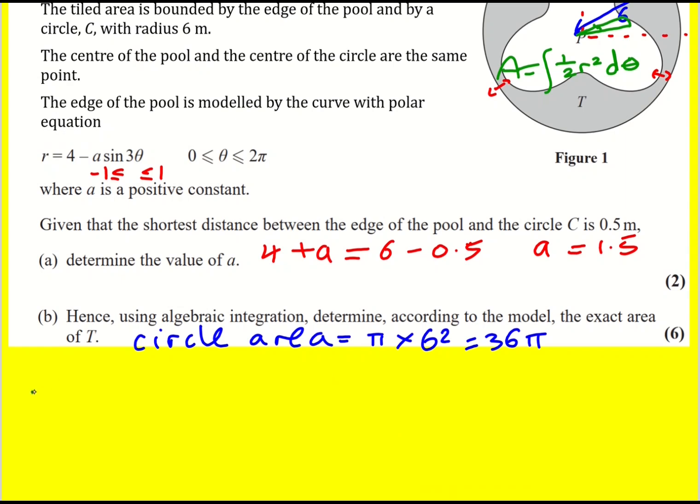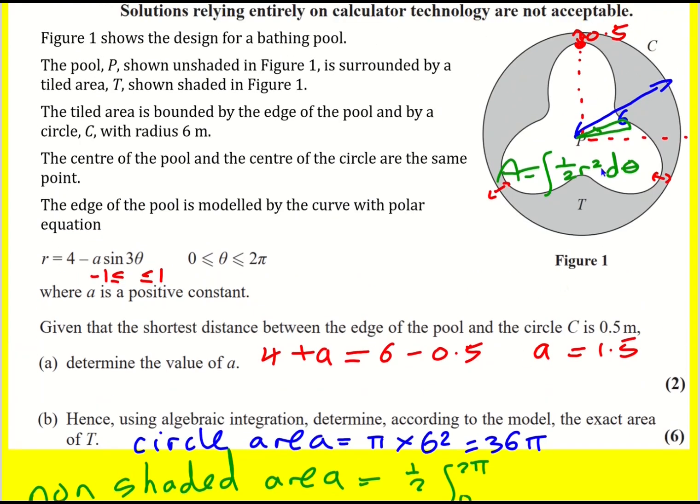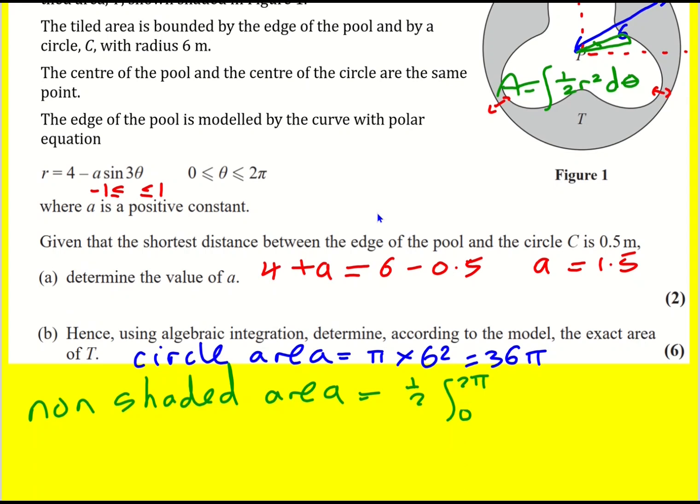So the non-shaded area, in our case, is going to be half times the integral from 0 to 2 pi, because I'm going all the way around. By the way, you could use threefold symmetry and do just 0 to 2 pi over 3 and then times it through by 3, but it's absolutely fine to do what we're doing here.